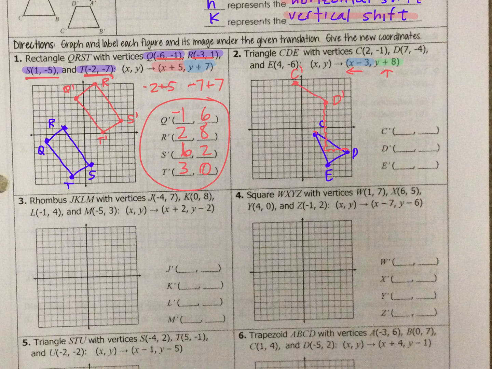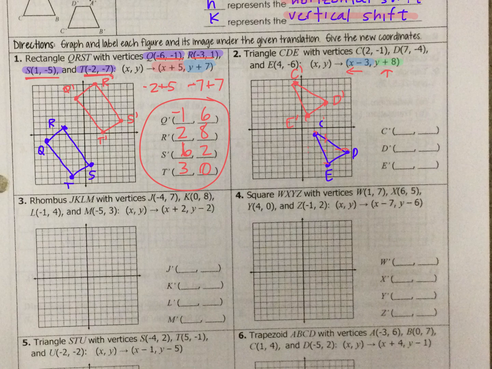And then my E prime, left 3. 1, 2, 3, 4, 5, 6, 7, 8. And there is my E prime. So let me make this a little cleaner. Erase what I can. So now I have a new shape.